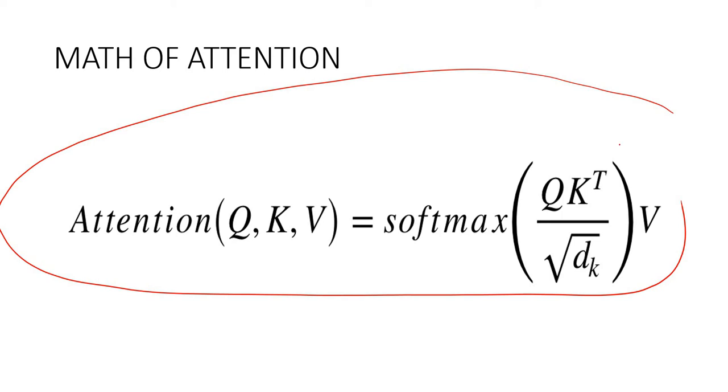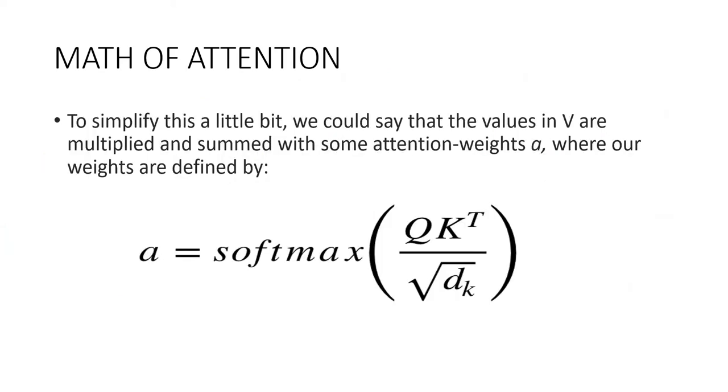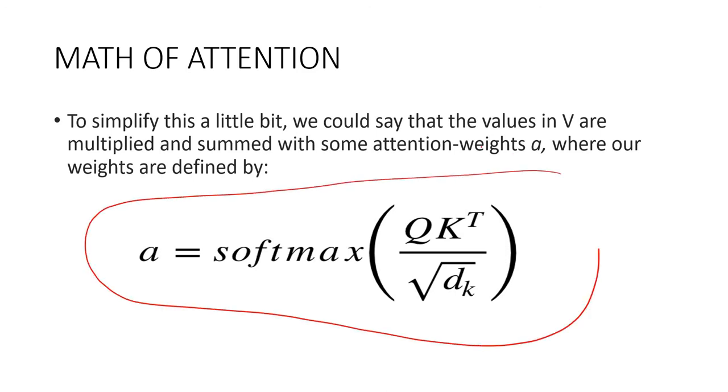So when we talk about y is equal to w into x, here the weight will be this term, and this is the x, and this is the output. You are getting me? So this is the math. This is the formula for weight.